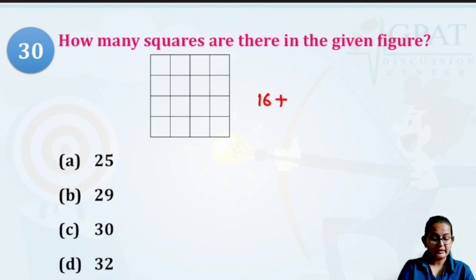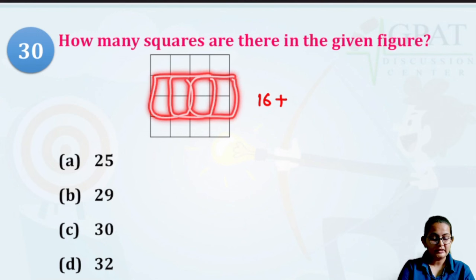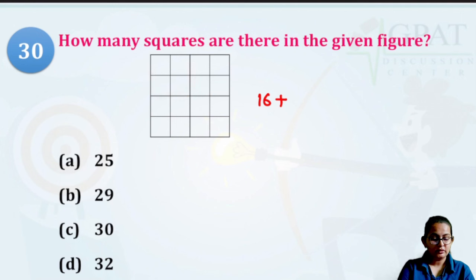Then the next square is this. Which one? 1 square, 2 squares, 3 squares. Okay, similarly 1, 2, 3. Similarly 1, 2 and 3. Okay, so that means a total of 9 done.